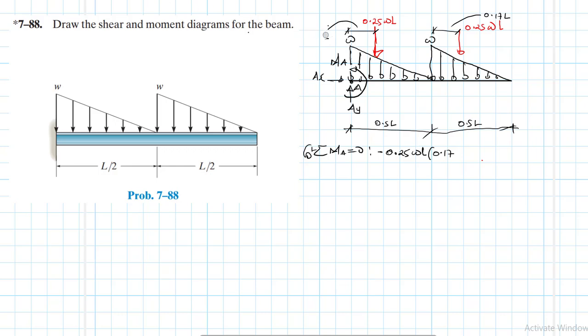For the sake of rounding off, let me write this as half L by 1 over 3, which is just 1 over 6. So it's L over 6, and also here is L over 6.